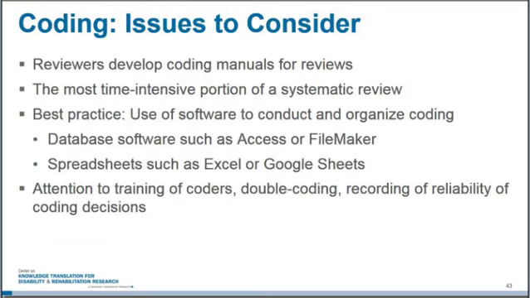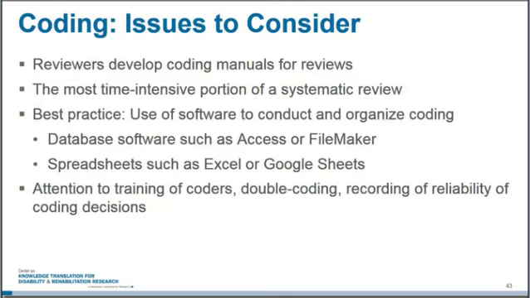Okay, so other issues to consider. Reviewers definitely develop these coding manuals for reviews, and I have to go on record here of saying that coding is the most time-intensive portion of a systematic review. And best practice is to use software to conduct and organize that coding. Some of my colleagues are very good at database software and are able to develop Access or FileMaker coding strategies that are very elegant.